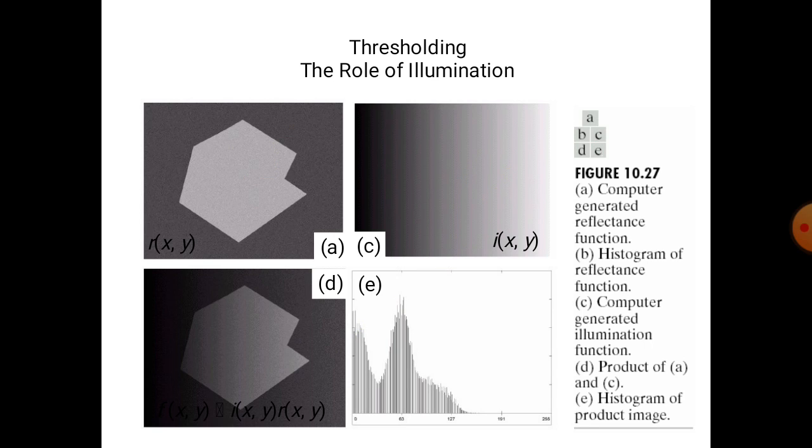We can illustrate the effect of non-uniform illumination by multiplying the image by a variable intensity function, such as the intensity ramp in this figure whose histogram is shown here. This figure shows the product of the image and its shading pattern.